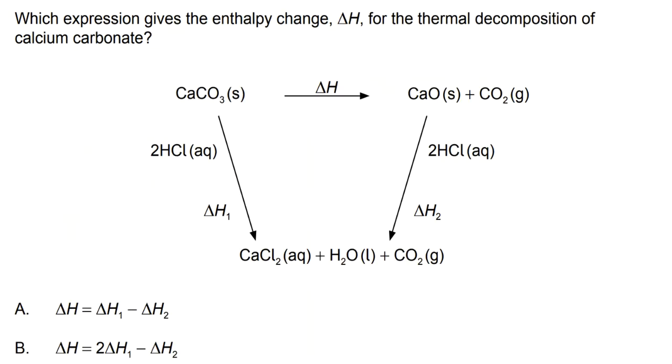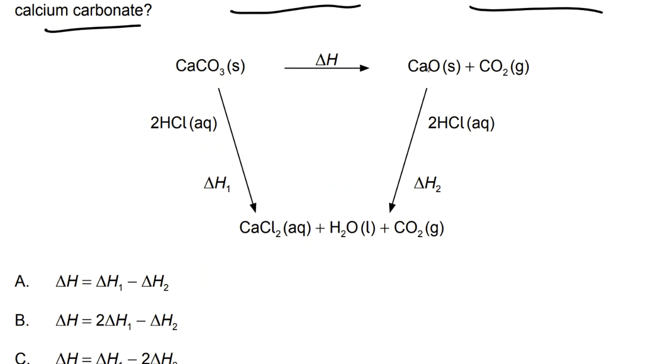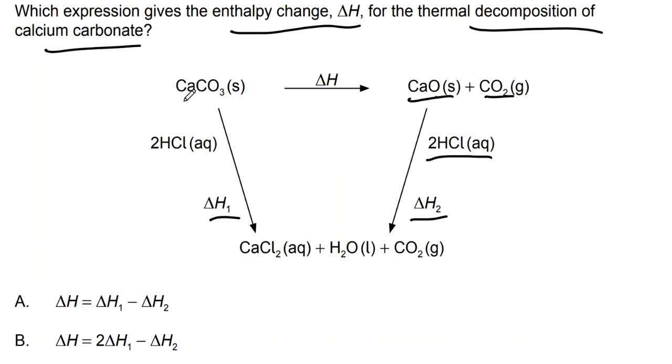Which expression gives the enthalpy change for the thermal decomposition of calcium carbonate? So calcium carbonate to calcium oxide and carbon dioxide. Okay, so we have hydrochloric acid, and we have delta H1, delta H2. So if we're talking about the thermal decomposition of calcium carbonate, it's going to be delta H, I believe.